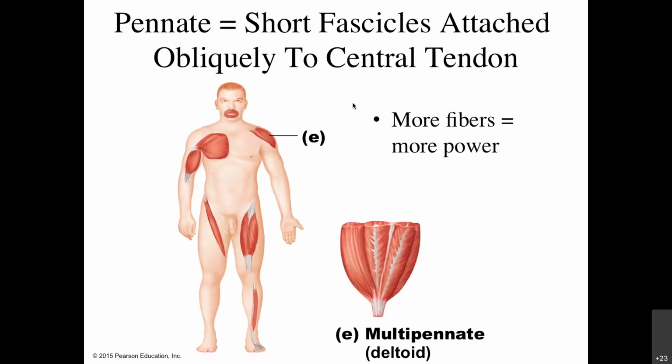And when we're thinking about muscles, the number of fibers that are contracting is proportional to the force. So more fibers, more force. And with a multipinnate shape, you can squeeze in a bunch of fibers to a small space. And more fibers, more power. You can fit a lot of fascicles in a small space. You're going to have a very powerful muscle.